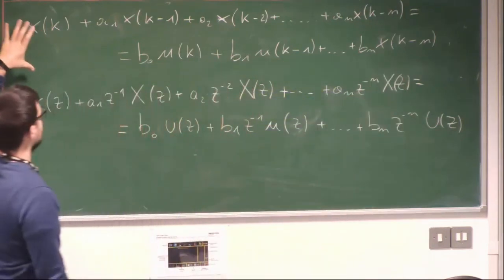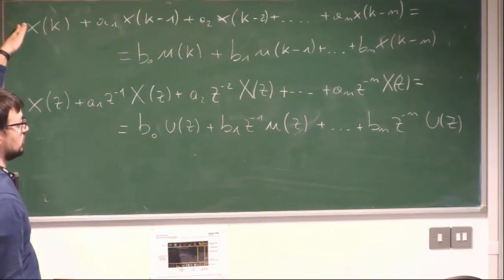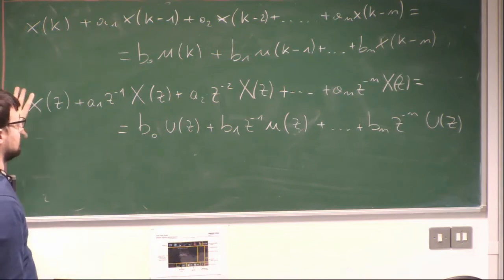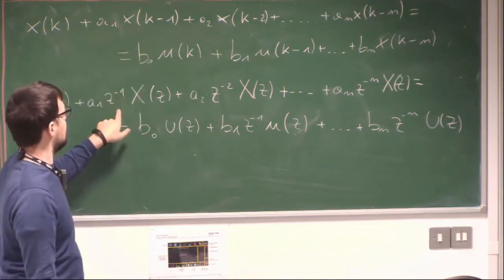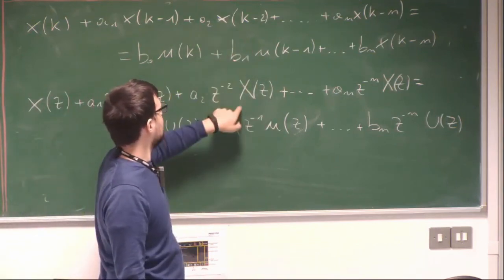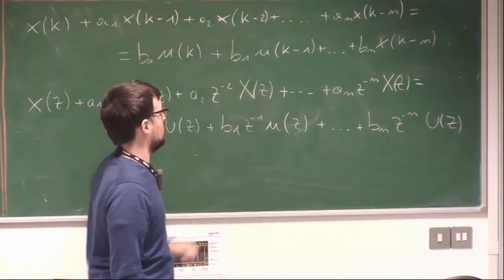So we can compute the z transform of this difference equation that, if you try to solve like this, is complicated, but computing the z transform of this, you get this expression in which, using the shifting theorem for each of these terms, you just basically get the original z transform multiplied by z power minus the shift that you are performing.